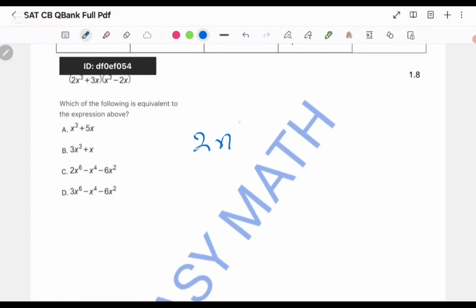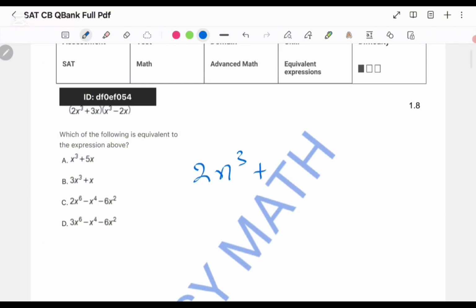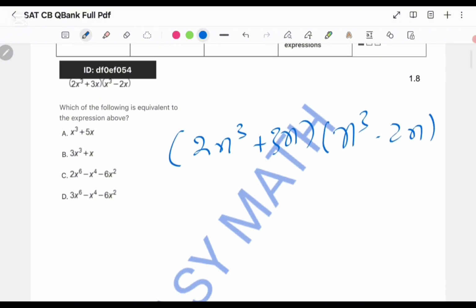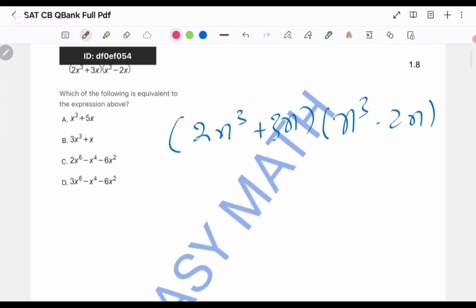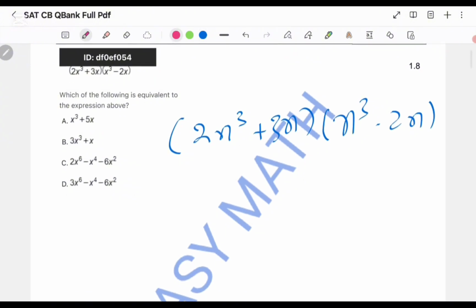We have 2x cubed plus 3x multiplied by the x cubed minus 2x. Now it's gonna take a little bit of time. Why? Because you are multiplying this whole bracket by this whole bracket, and therefore you cannot just ignore the brackets. You need to multiply this first one with this, and again you need to go and multiply this with this.